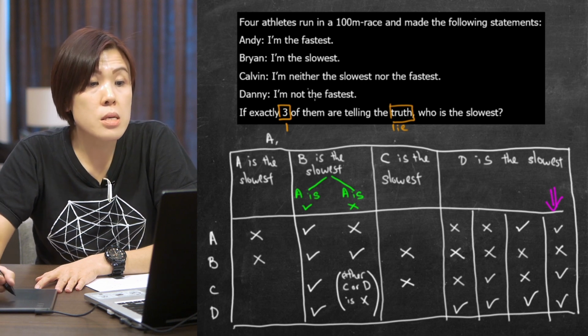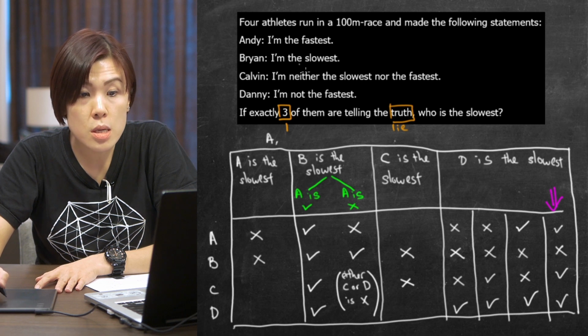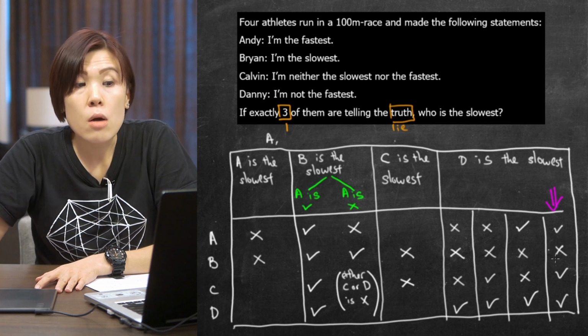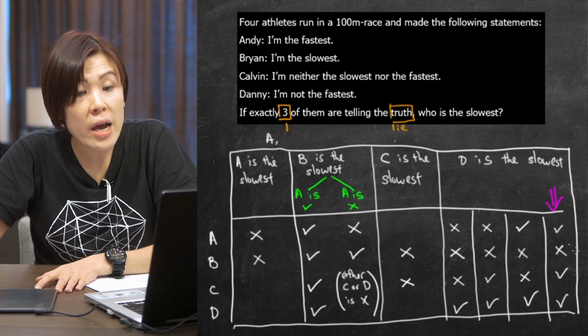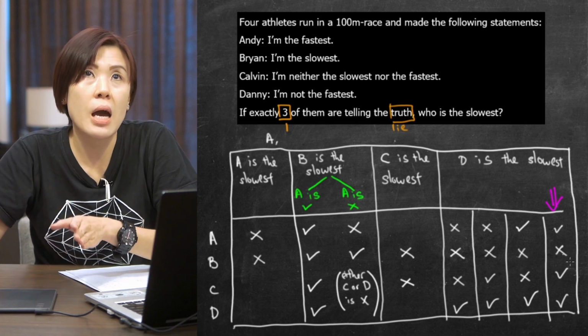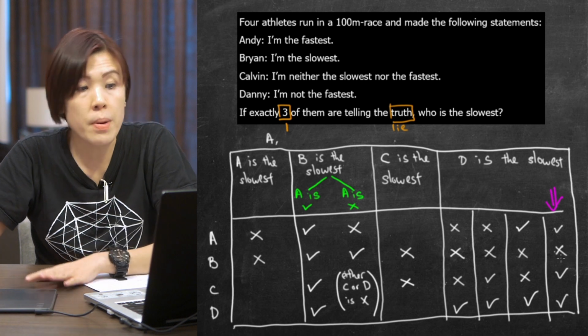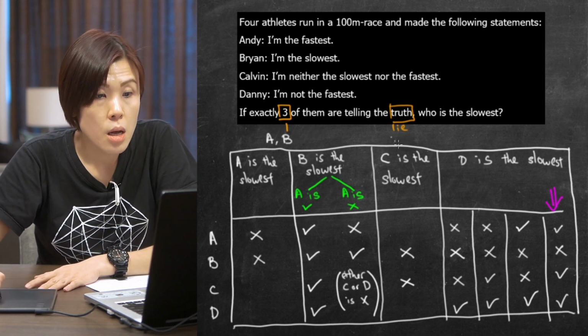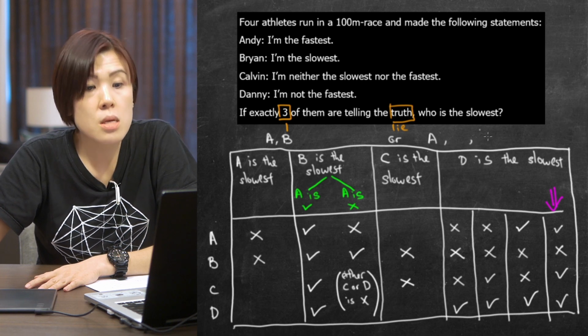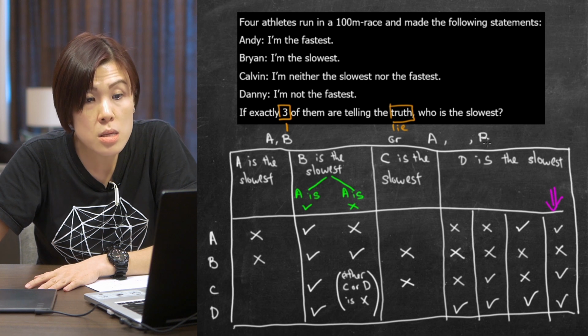Bryan says that I'm the slowest. But now Bryan is not the slowest because Danny is the slowest. So if Bryan is not the slowest, he could be either in the 2nd place or the 3rd place. So Andy is first, followed by another person, then the 3rd place is Bryan.